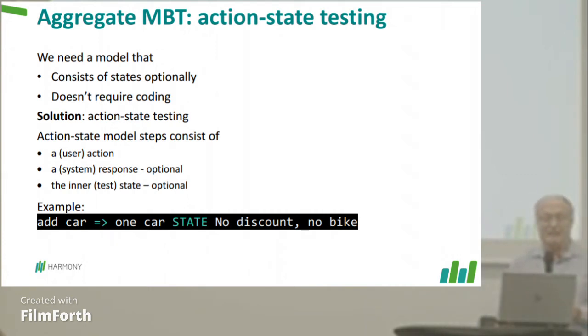In action state testing, we have a textual model, and it consists of steps, and each step consists of 3 sub-steps. The first is the action, which is obligatory. The second is the response, which is optional because you don't need to check after every action. And finally, the state, the test state, which is optional.